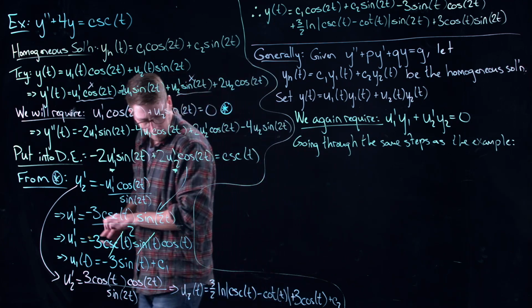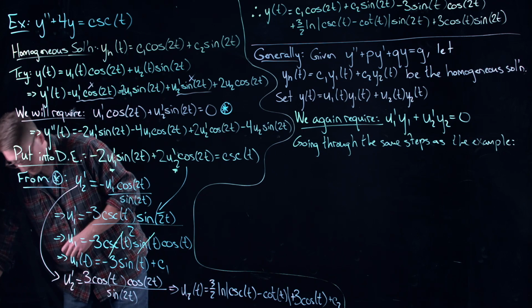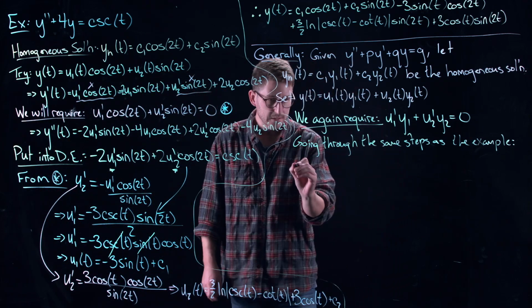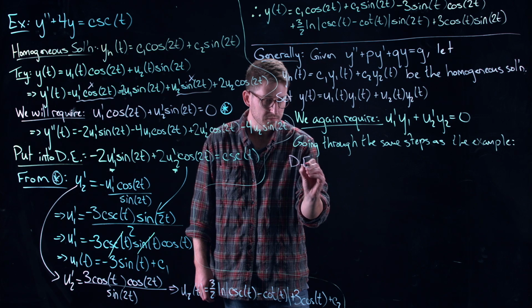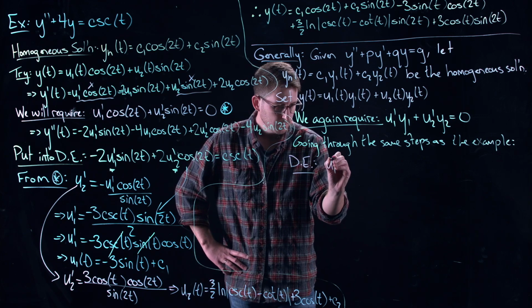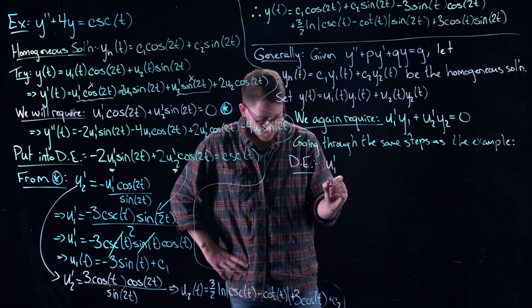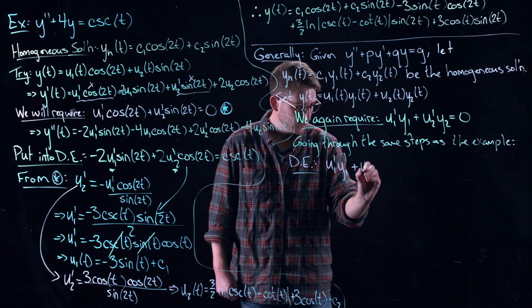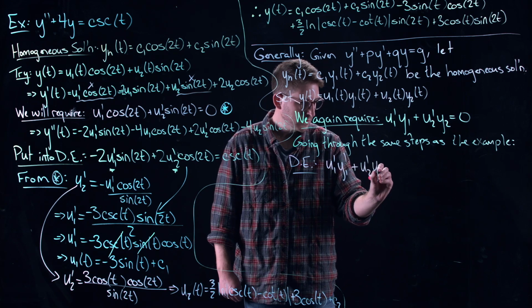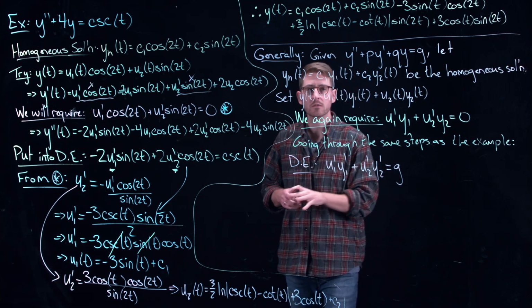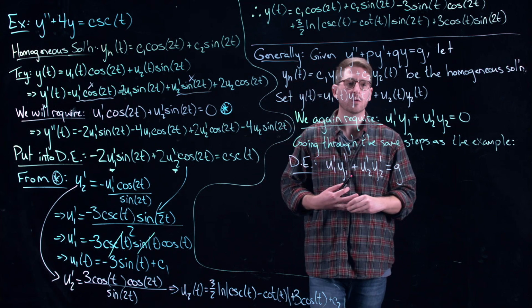Well, you can find a very, very simple form for u1 and u2. So the first thing is that the differential equation becomes u1 prime y1 prime plus u2 prime y2 prime is equal to g. This is what happens when you put all of this into the differential equation.